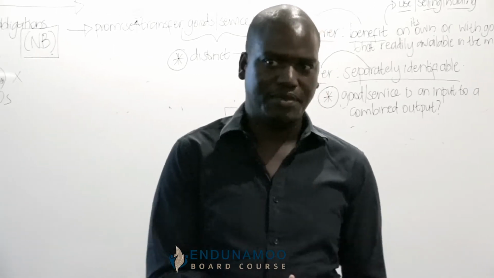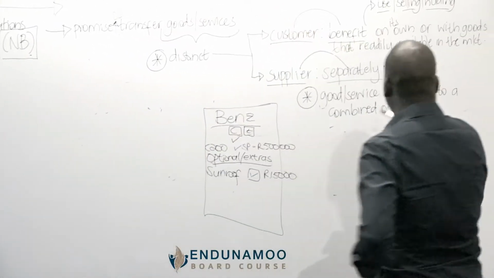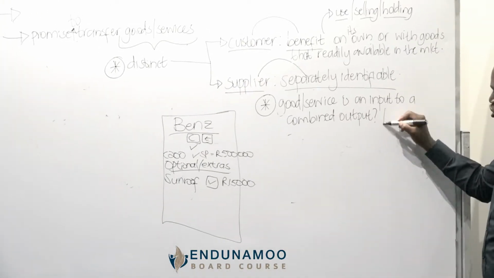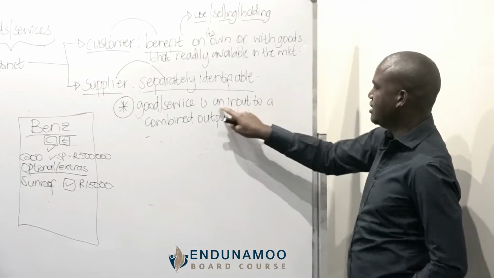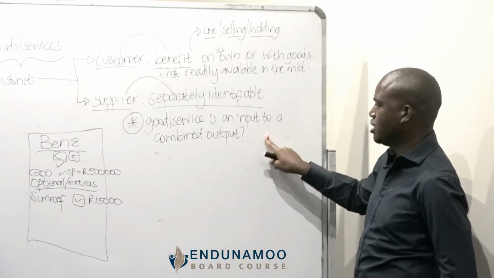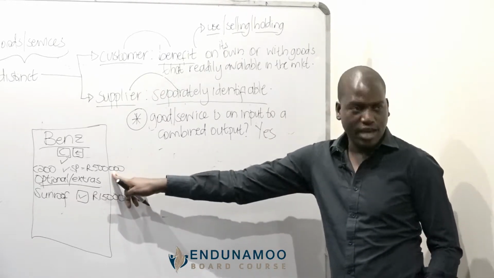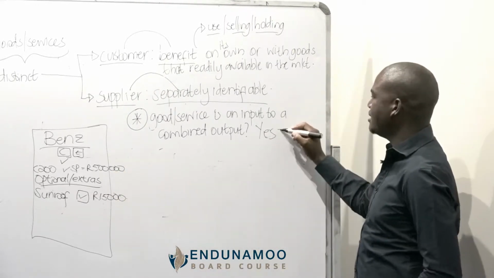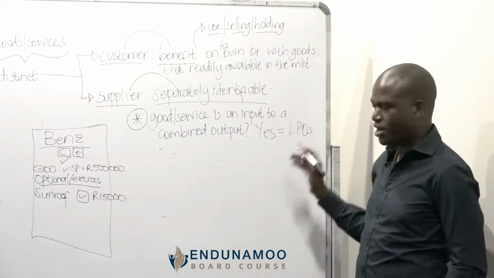Is that clear? Then, number two, so in other words, we are saying, is it an input to a combined output? If we say yes, the sunroof is an input to a car, then we are saying that there is what? One performance obligation altogether.